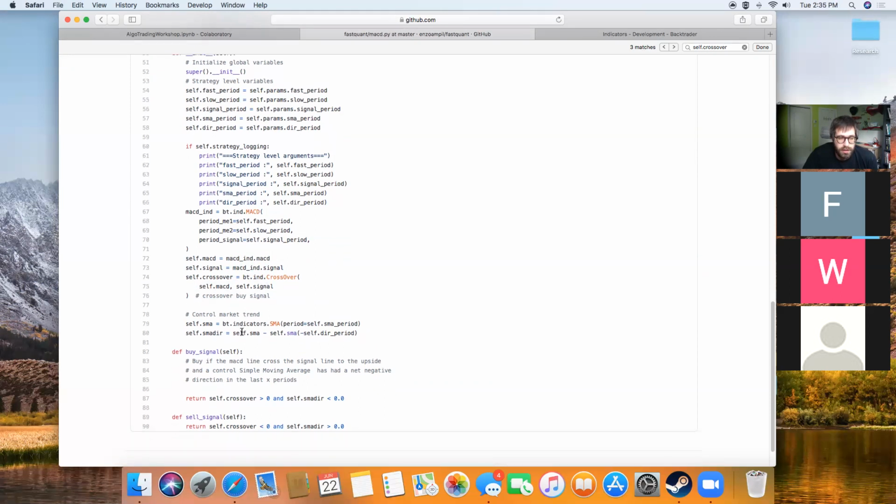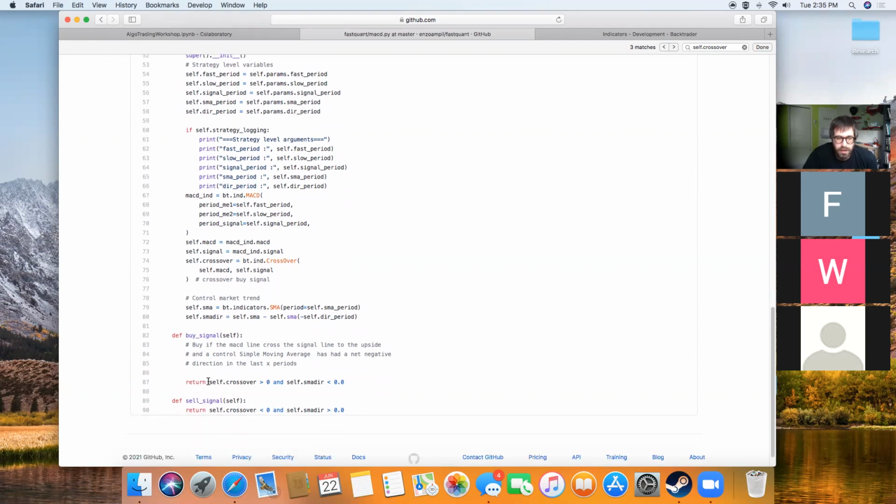And they are also getting the SMA, and the SMA, I think that's the difference. Yeah, that's the histogram. And then in the actual strategy, if the crossover is greater than 0 and this difference here is less than 0, they are buying.